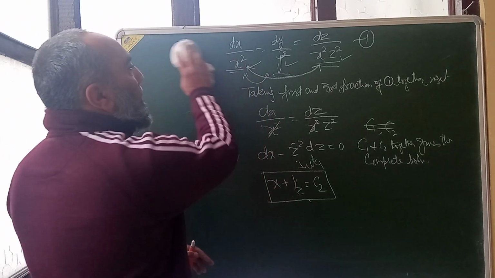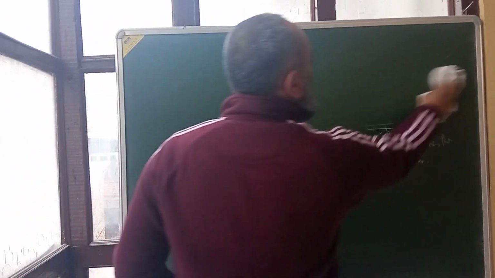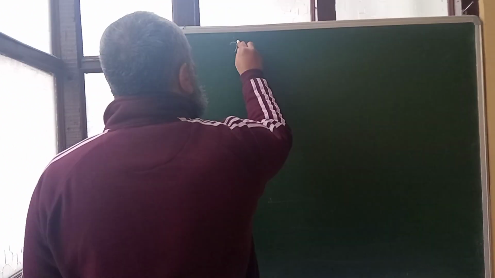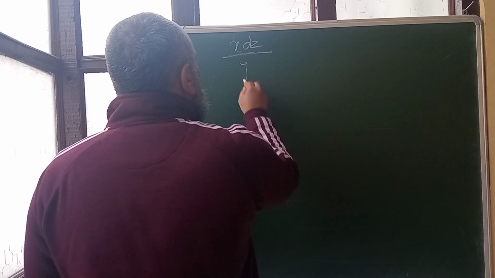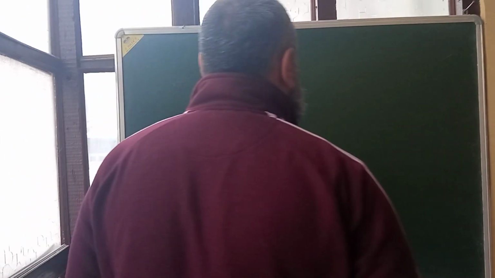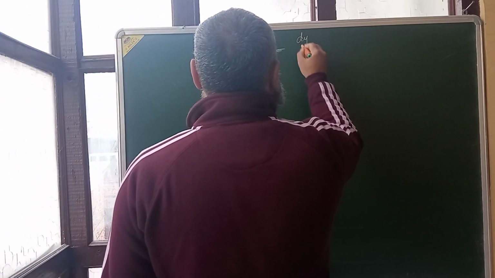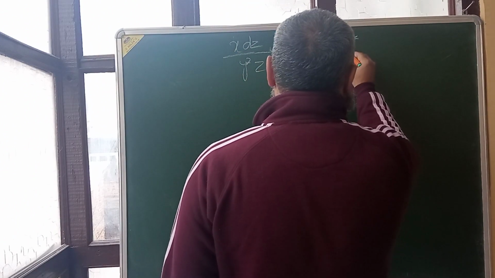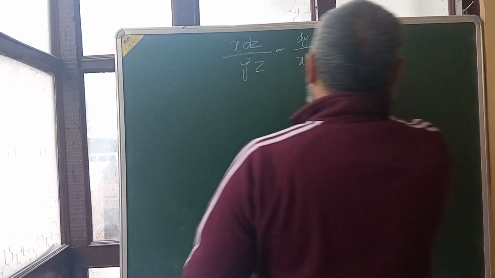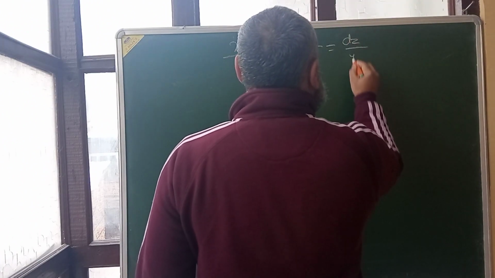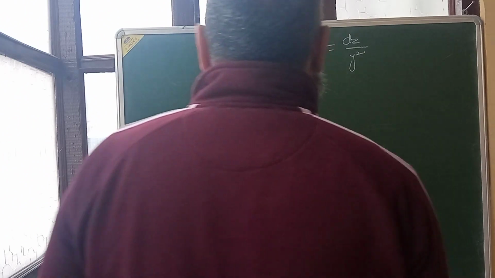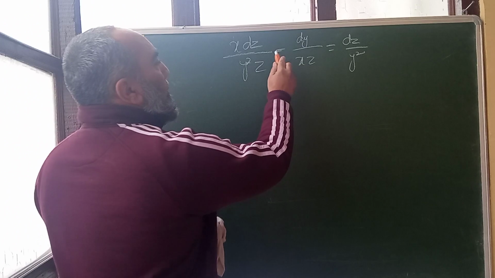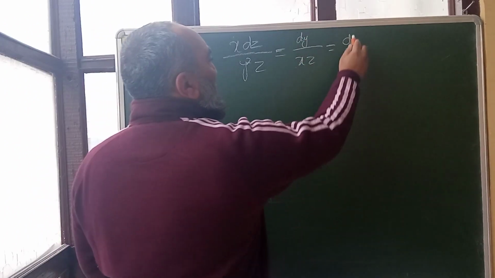Let me take one more example. x dx by y square z equal dy by xz equal dz by y square.